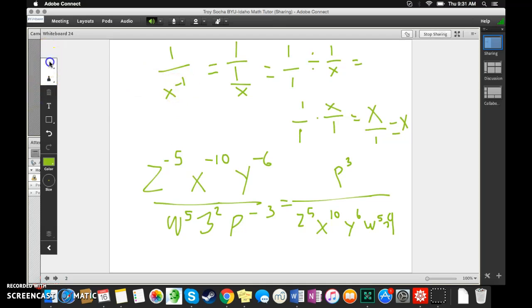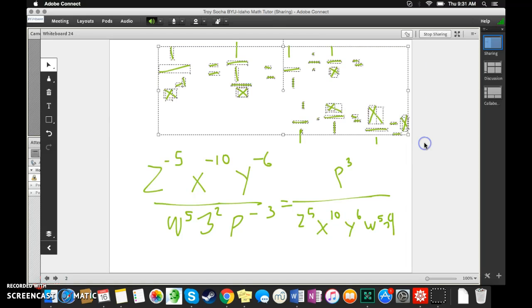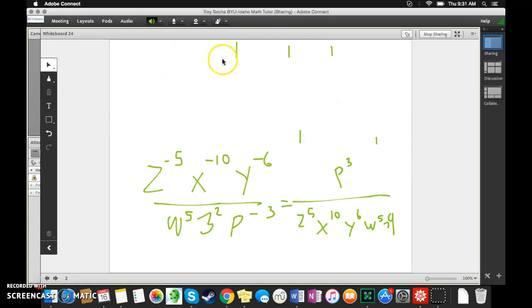The same principle applies with x to the negative 2. No matter what we have on top, I'll show you.